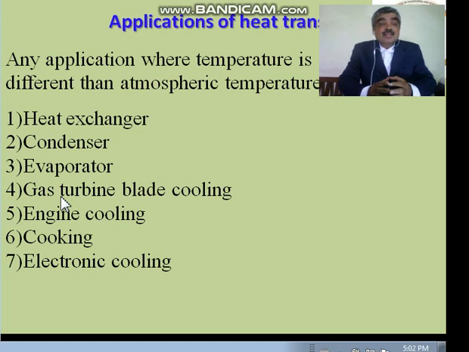We know that the engine needs cooling to prevent damage as well as to prevent the burning of the oil which is lubricating the system. So heat transfer application lies in engine cooling. And then every day we cook food, that is also an application of heat transfer.